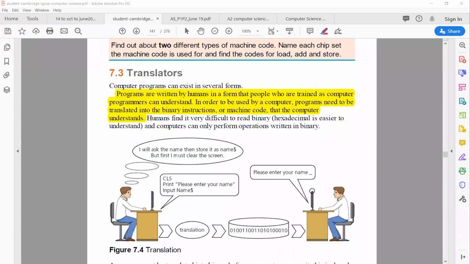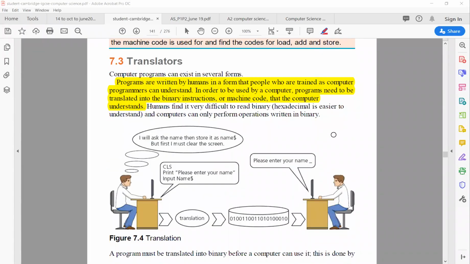Next, coming towards the translators. Translators are also programs, because when we write the code in a high level language, that must be translated into the machine language, because the computer only understands machine language.